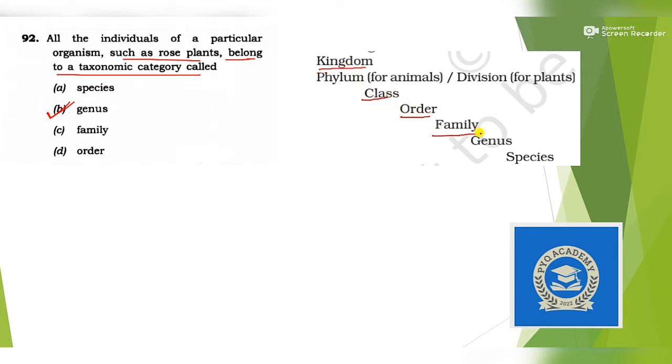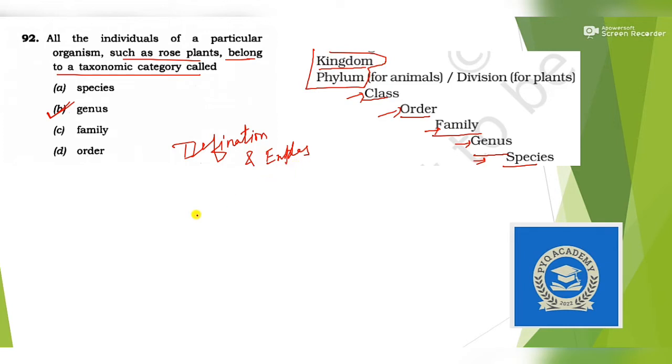So what you have to do now is go and find the definition of each and every one as well as examples, so that if next time a question regarding any of these is asked, you can easily answer it.